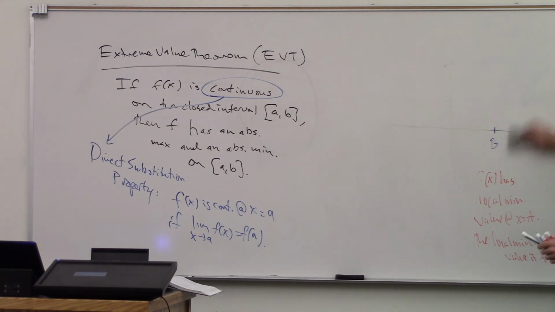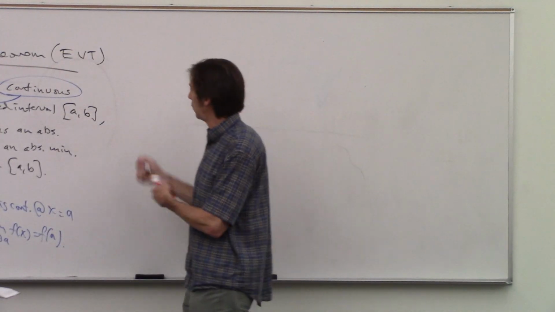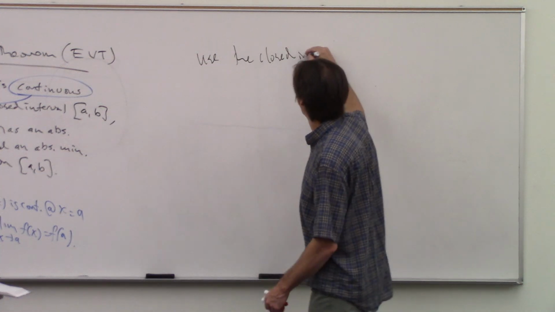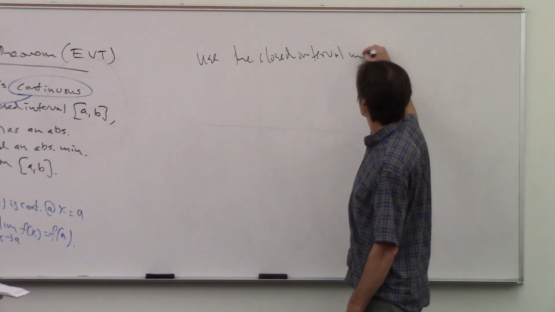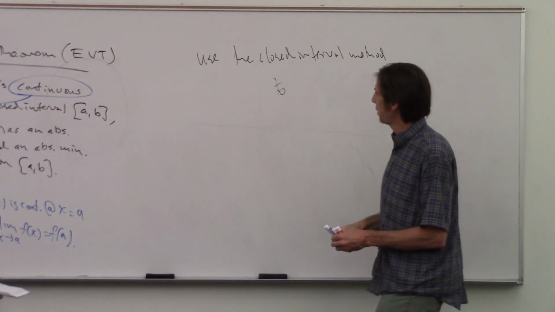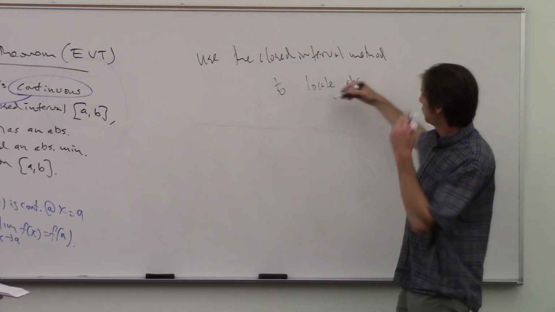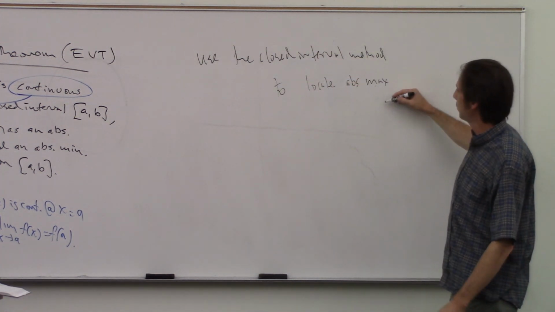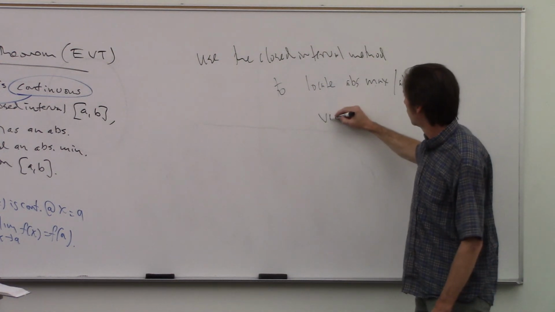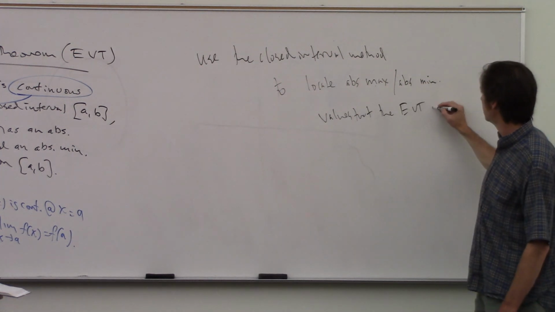So what we'll see at the end of this section is something called the closed interval method. And this is a method that we can use to locate those absolute maxes and absolute minimum values that the EVT guarantees exist.